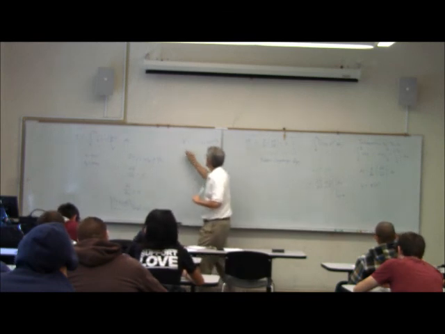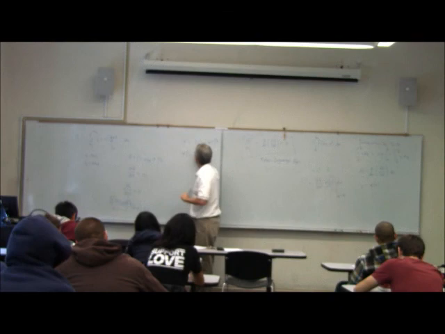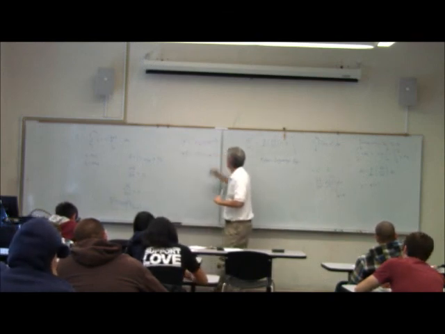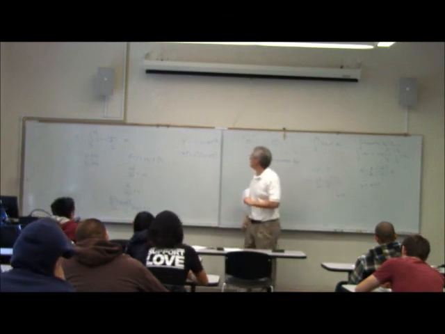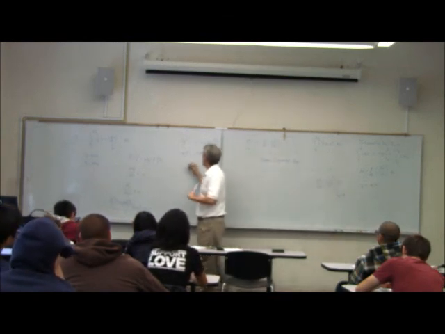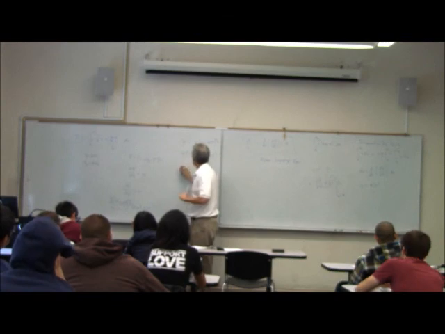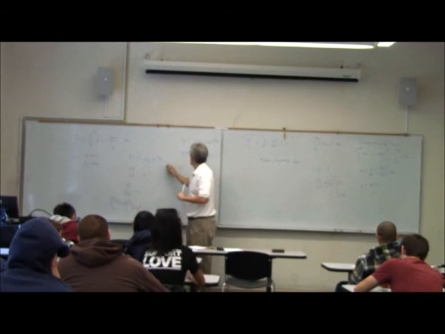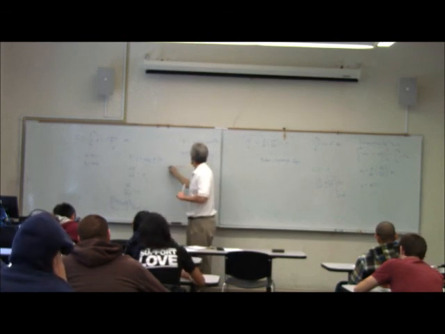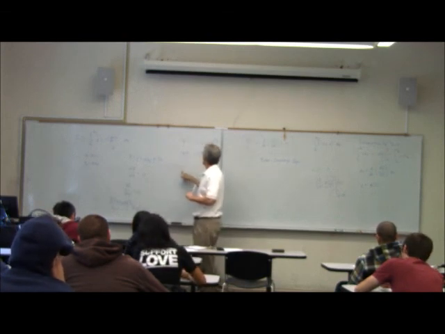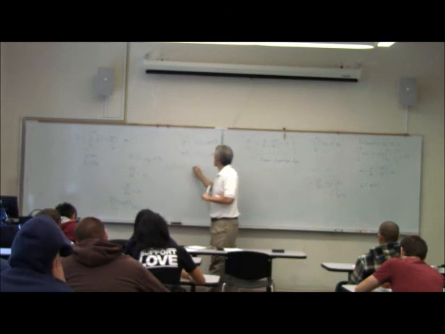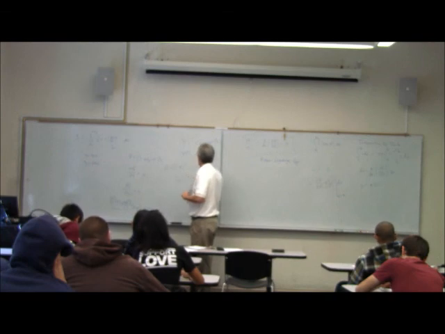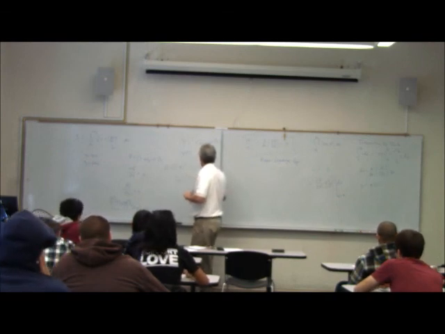We can square both sides, so we get y prime squared is equal to c squared times 1 plus y prime squared. And then we can isolate the y prime on one side of the equation, so we get 1 minus c squared times y prime squared is equal to c squared. So we get y prime squared is equal to c squared over 1 minus c squared.